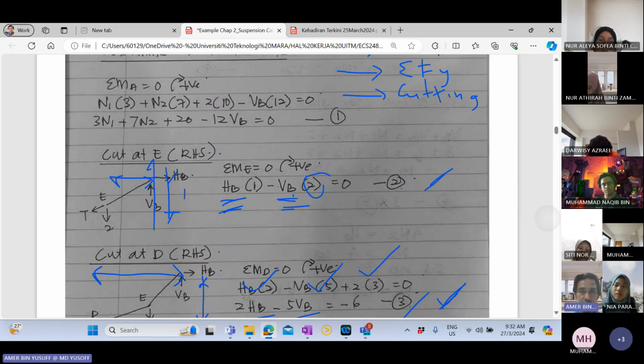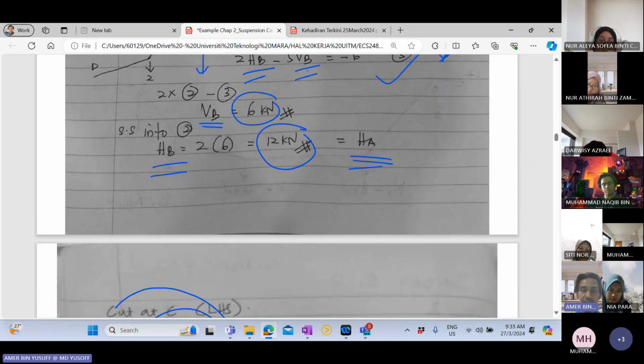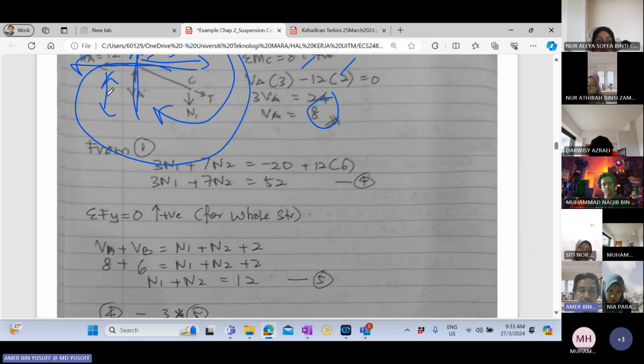Mana equation 1 tadi? Okey. Maknanya equation 1 kita ni, kalau tengok kat equation 1 ni, kan dia ada VB kat sini. So VB ni dah kita boleh substitute value. Kita dah determine dah VB. Kita biar dalam bentuk N1, N2 sahaja. So VB kita dapat dah tadi, iaitu 6. So you substitute dalam equation number 1. Ini yang saya maksudkan tadi ni.